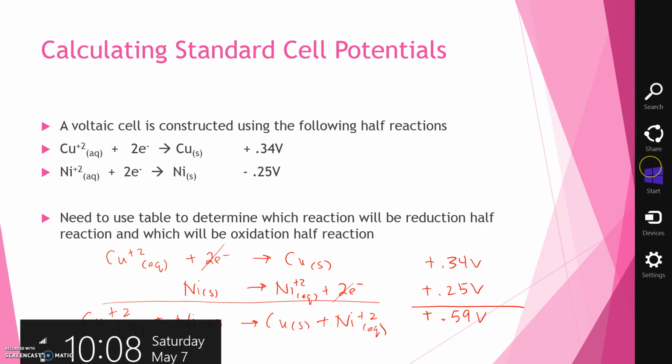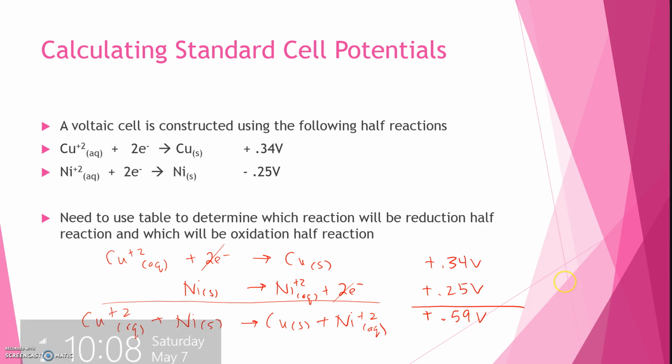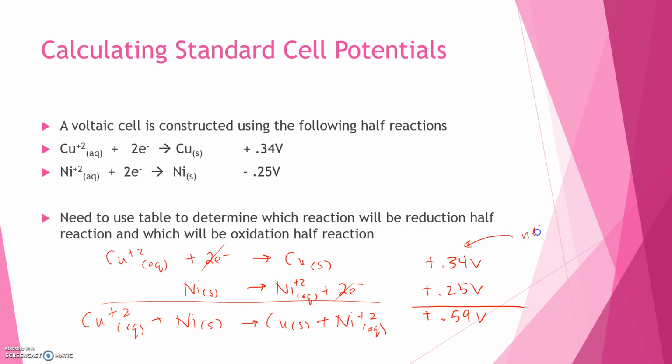If I needed to multiply through to equal out my electrons, that's fine. I never, ever multiply these voltages. Never multiply the voltages. I only switch the signs. So even if I had to multiply one of these reactions through by 2 or 3 or 4, I wouldn't change these. And to me that makes it even easier.